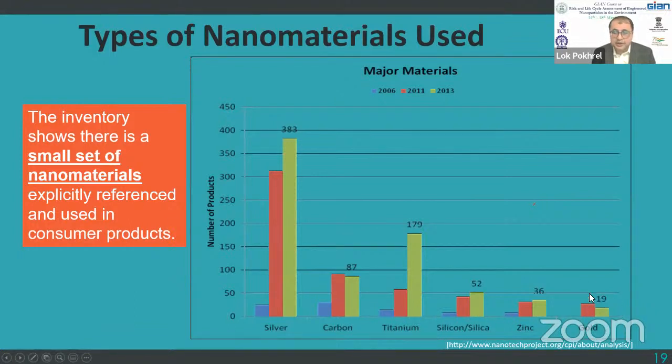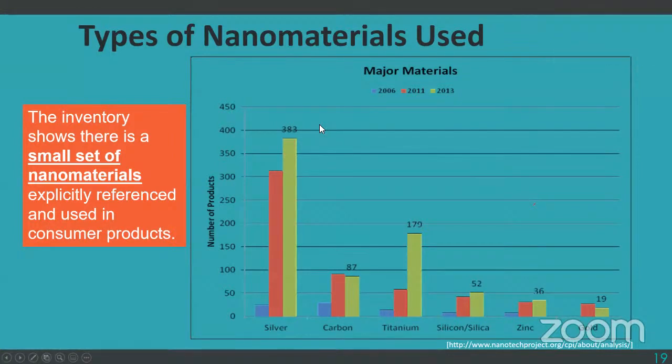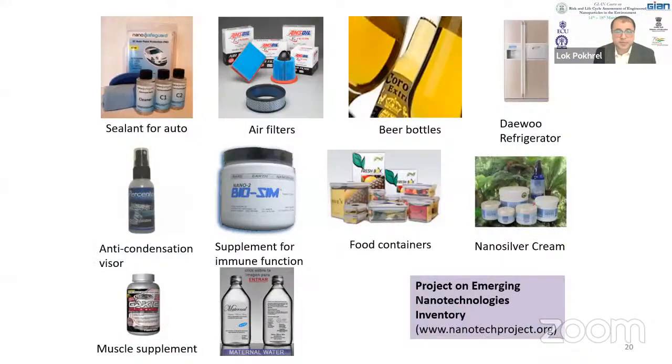I think gold generates really nice size and shape particles, but because they are expensive, perhaps their use is very limited. I believe there are a couple of cancer drugs that use gold nanoparticles. So if you compare 2006 to 2013, there is a tremendous exponential increase in the nanomaterial use in different material applications or consumer product applications.